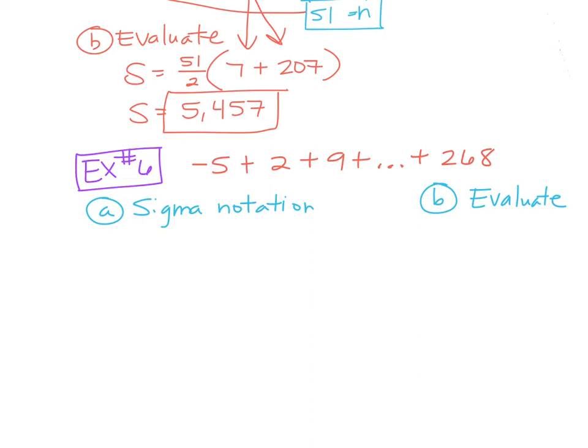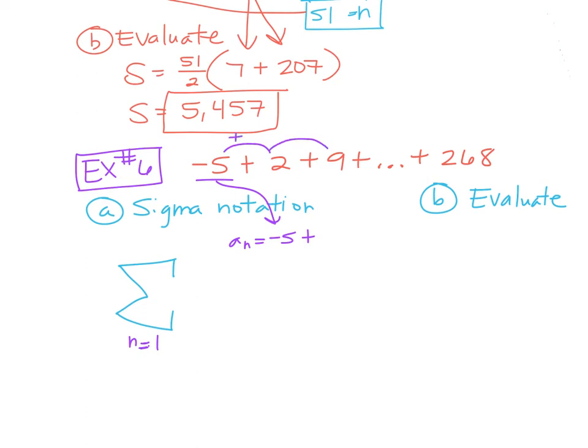Okay, come back from pausing me, and here's what you should have gotten. So you set it up. We're always going to say n equals 1 here, our first term. And we need to figure out what our explicit formula is. So a sub n equals the first term, that's our -5, plus the common difference.